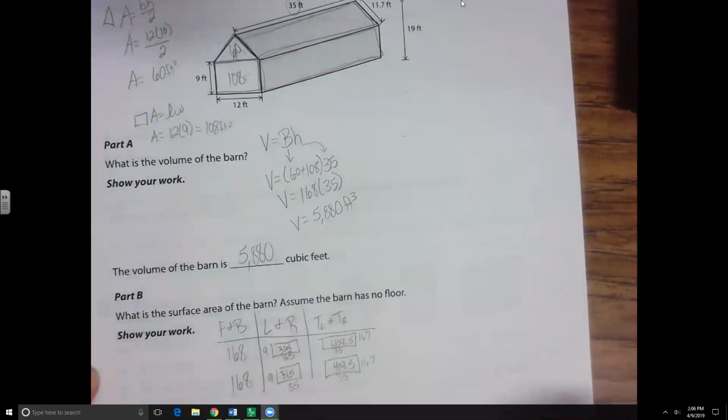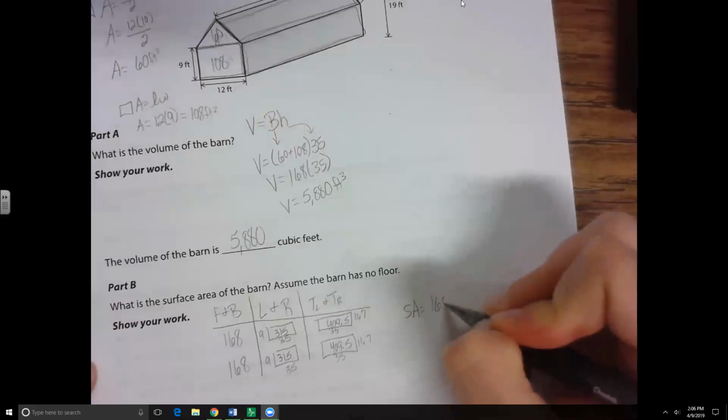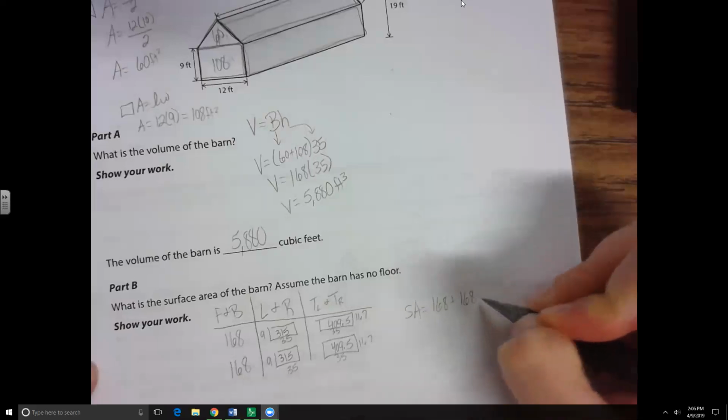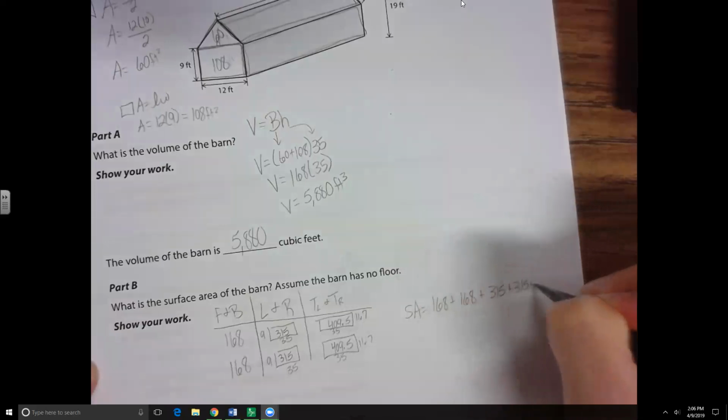So to find my surface area, I'd add all these together: both of my 168s, both of my 315s, and both of my 409 and 5/10.